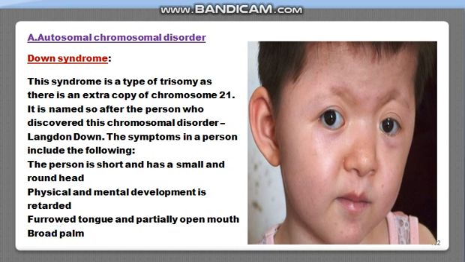So the person suffering from this disorder has a small and round head, the mouth keeps open, the palm is broad, and he is physically and mentally retarded. This is Down syndrome, caused by the trisomy of chromosome number 21.